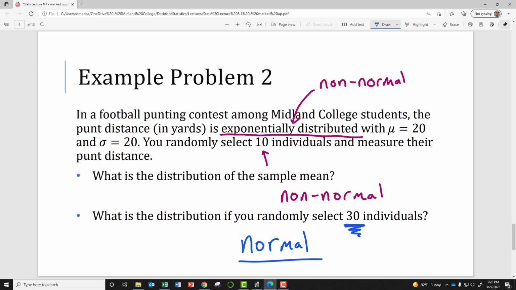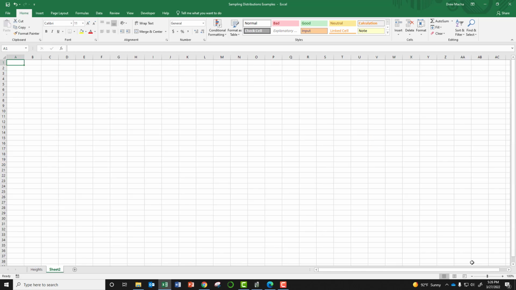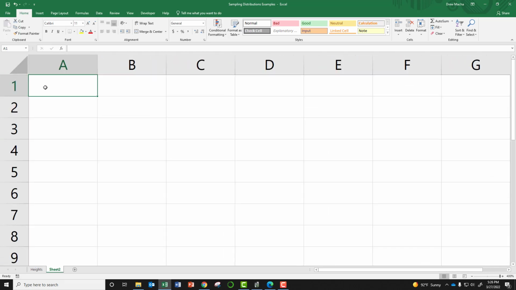Now let me actually demonstrate this to you using Microsoft Excel. This should be relatively straightforward to simulate. We'll open up a new page, and in column A, I'm just going to generate some data. So we want the exponential distribution, and give me one moment while I look that up.